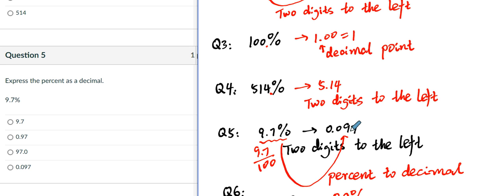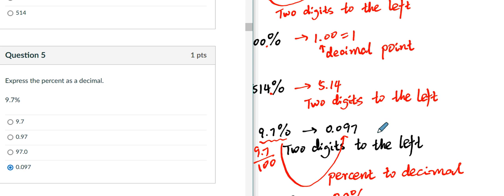It was here between 9 and 7. Now it goes to the left. That will be 0.097. Shift the decimal point between 9 and 7 to the left. So you would choose the one right here.